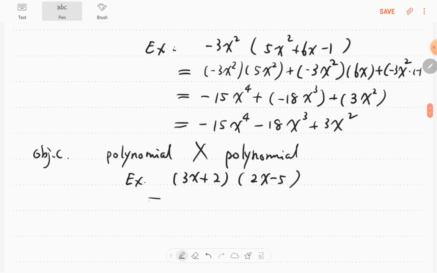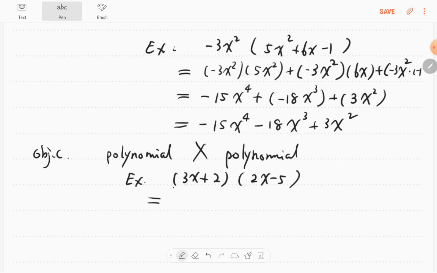That means we should use the distributive rule several times, depending on how many terms we have. So let's check the first one.